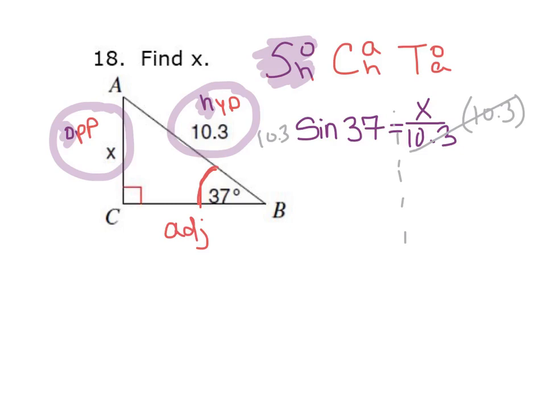I'm going to go ahead and flip this around. X is equal to 10.3 sine of 37. Same thing, go ahead and type this into your calculator. Remember to verify you are in degrees.